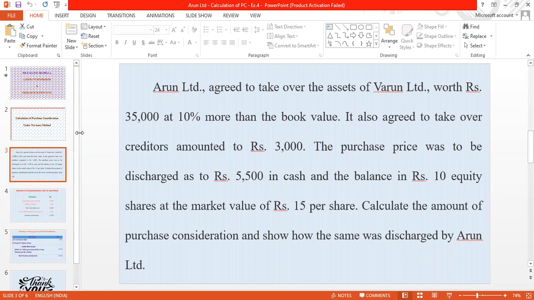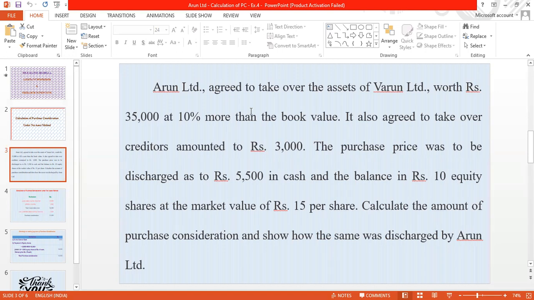Arun Limited agreed to take over the asset of Arun Limited worth rupees 35,000 at 10 percent more than the book value. It also agreed to take over creditors amounted to rupees 3,000.